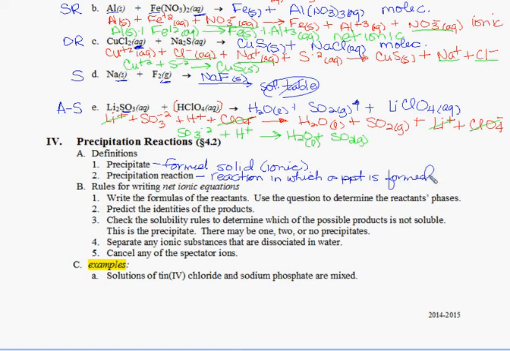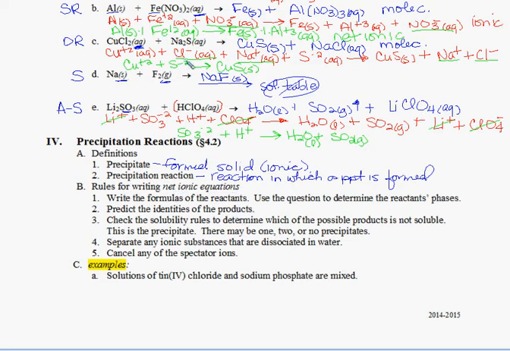Oftentimes they're going to be double replacement, but they won't always be double replacement. So we're still following all of the same rules that we did before as we were making molecular equations and then switching them into net ionic equations.